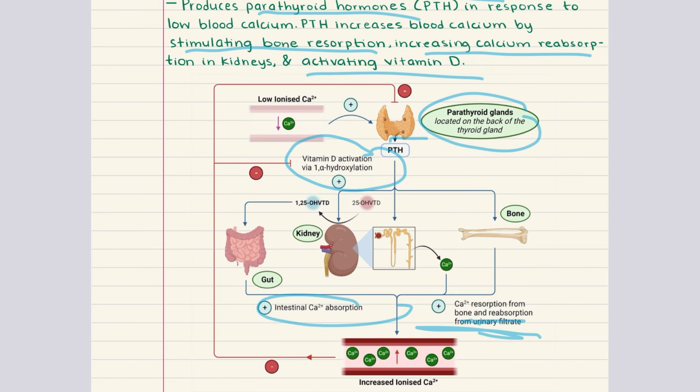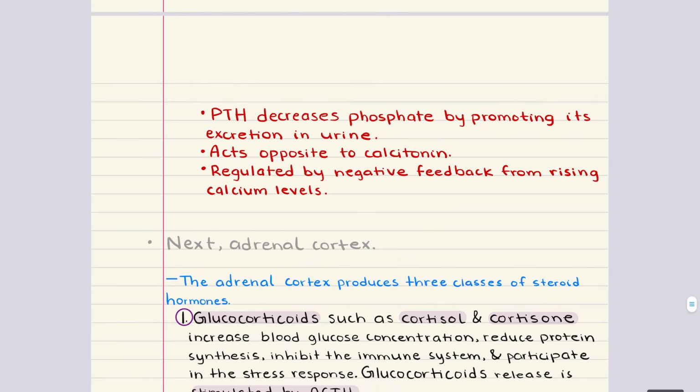Now, in addition to regulating calcium, parathyroid hormone also influences phosphate levels. It promotes the excretion of phosphate in the urine, which helps prevent calcium phosphate precipitation, and it maintains an appropriate calcium to phosphate ratio in the blood.